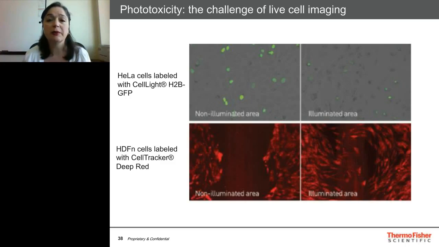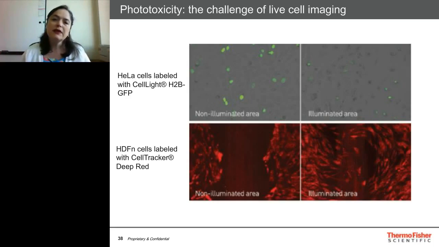And they didn't ever grow back into that scratch wound, and that's because they were under illumination. So they had undergone time-lapse imaging for 10 hours. And it wasn't the probe itself that caused that phototoxicity, because if you look in the non-illuminated area, the cells have grown back into the wound, and you can see that they're proliferating and they're healthy.